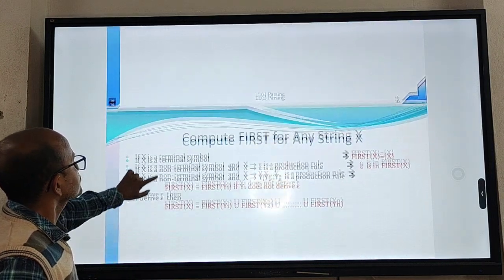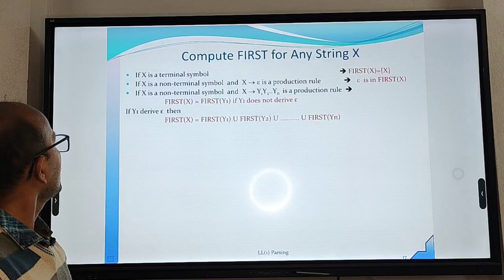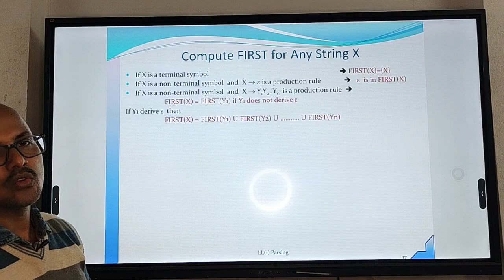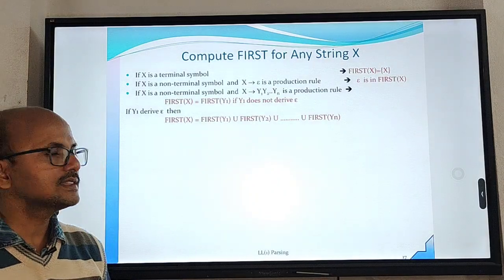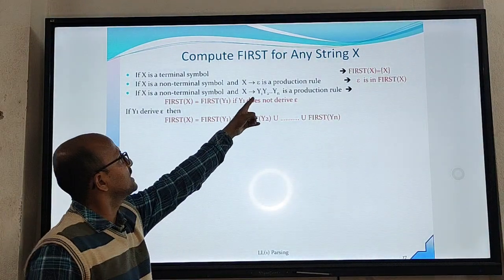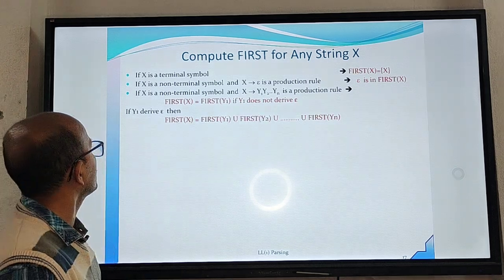Now there are certain rules for computing the first of a string. If X is a terminal, then the first of X is the terminal itself, and if it is epsilon, then the first of X is also epsilon.